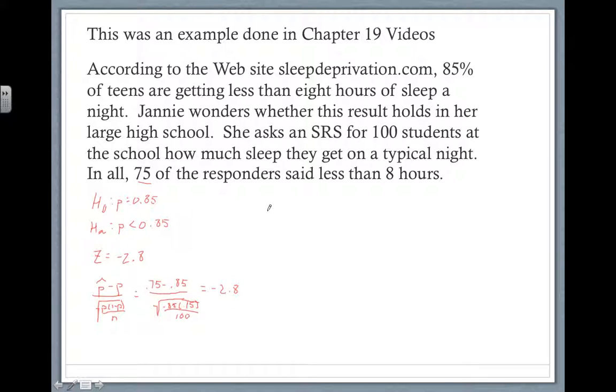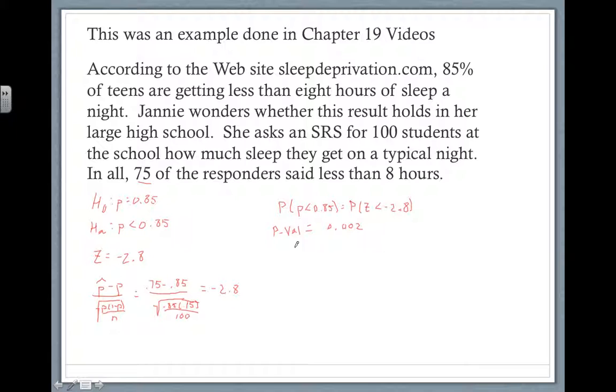Now I want to find the probability that my proportion is less than 0.85, which we now know corresponds with a test statistic of negative 2.8. This gets me a p-value of 0.002.